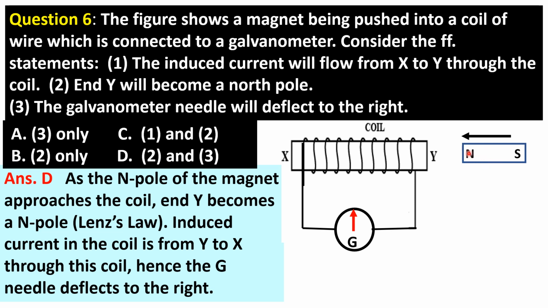The faster the movement of the bar magnet, the greater the induced current, because the delta B, or change in the magnetic field, is done very quickly. If the bar magnet is not in motion, there will be no induced current. I hope you have done this experiment already in your physics class.